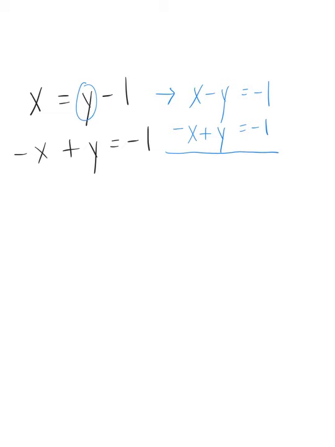I can do elimination by adding. If I do 1x plus a negative 1x, it goes away. Negative 1 plus 1, this also goes away. Negative 1 plus a negative 1 is negative 2. This can never happen. Therefore, I have no solution.